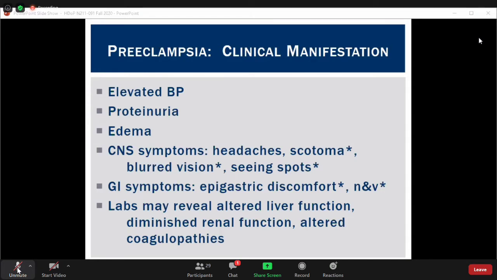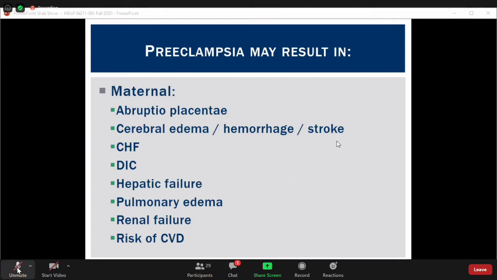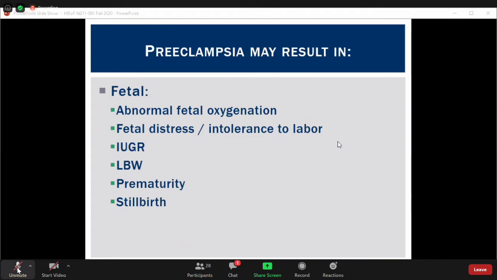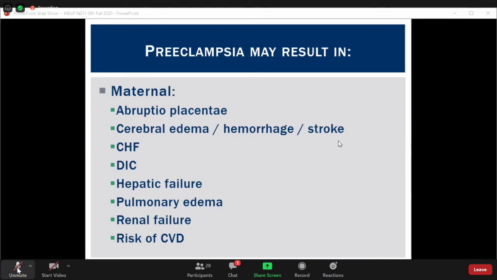Okay, and then your altered coags, so your PT, your PTTs, and so on. Remember, one of the issues with preeclampsia can be bleeding, especially if it's getting worse. All right, so on the maternal end, we'll talk about what can happen, and then we'll talk about what it can result in on the fetal side. So moms with preeclampsia can have abruption. You can have central nervous system involvement, as I mentioned, cerebral edema, hemorrhage.